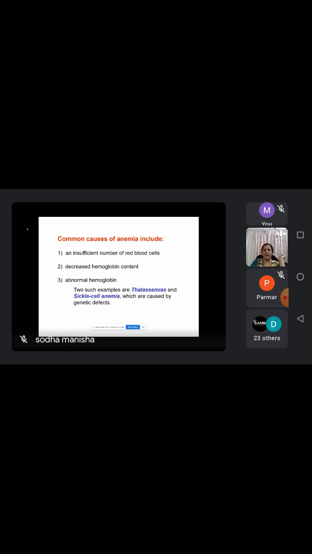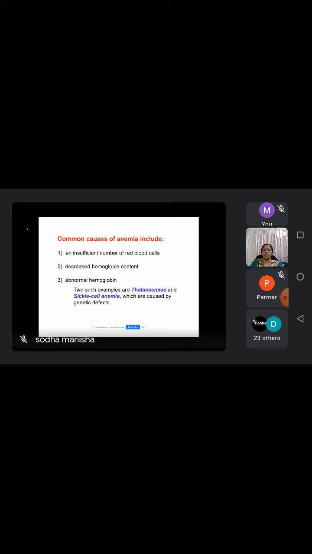Now we'll see what the color index is. Color index is defined as the relative amount of hemoglobin present in a single red blood cell. It is the ratio of hemoglobin percentage to RBC percentage.